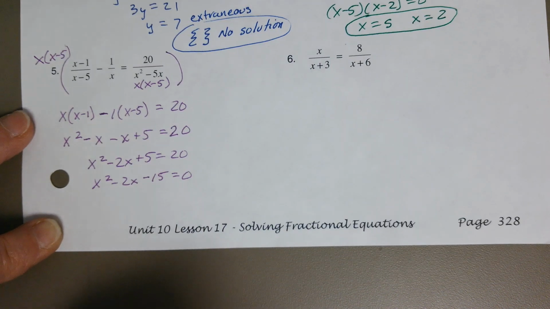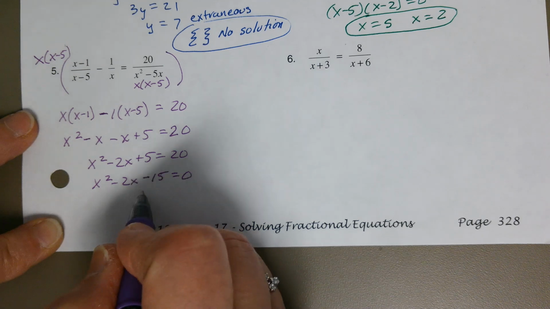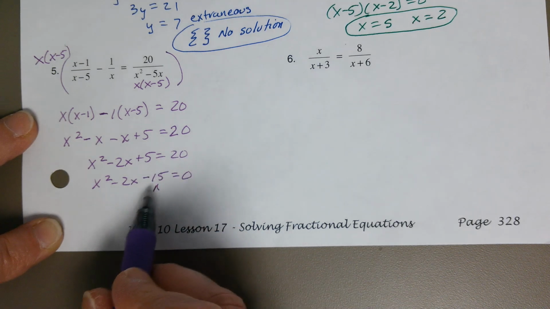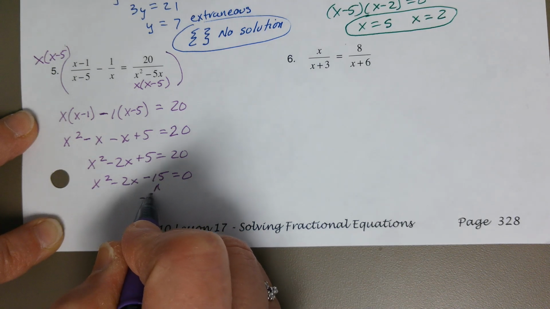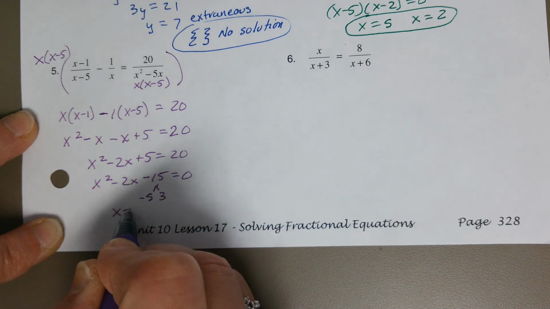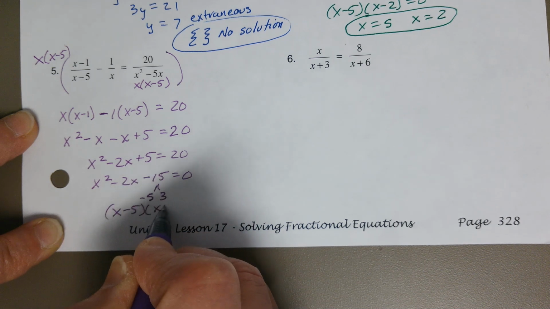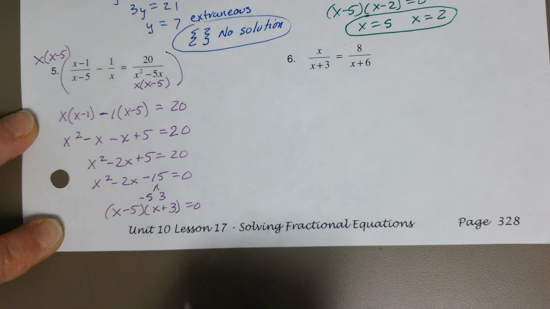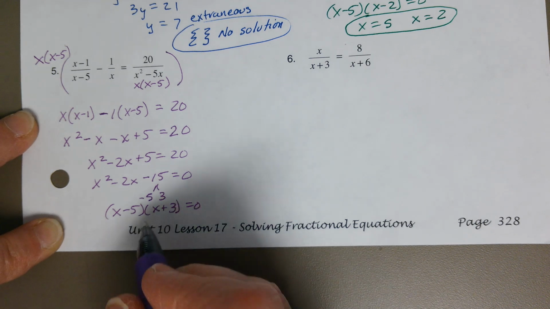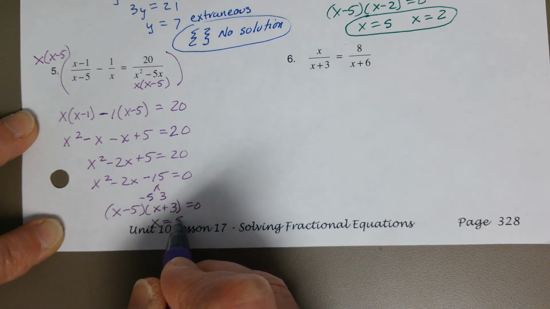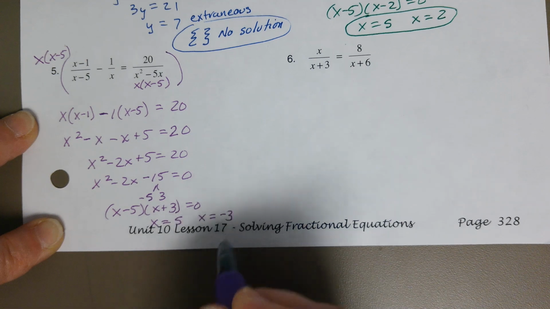We have x squared minus 2x minus 15 equals 0. Factors of negative 15 that sum to negative 2 are negative 5 and 3. X minus 5 times x plus 3 equals 0. X equals 5, x equals negative 3.